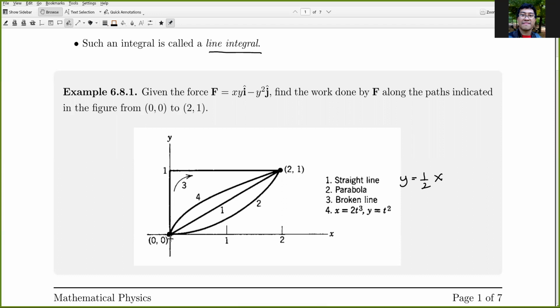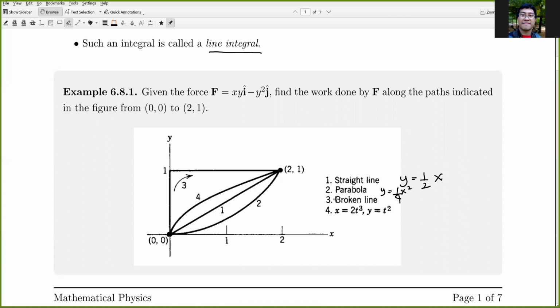The vertex is at 0, 0. It passes through 2, 1. So our equation for the parabola would be y equals some number times x to the power of 2. So if x is 2, then y should be 1. So this should be 1/4.